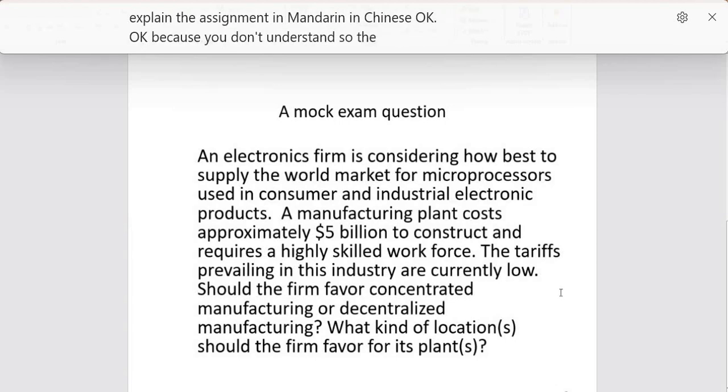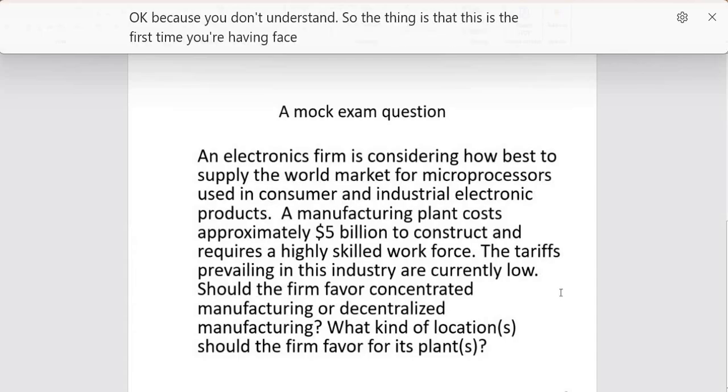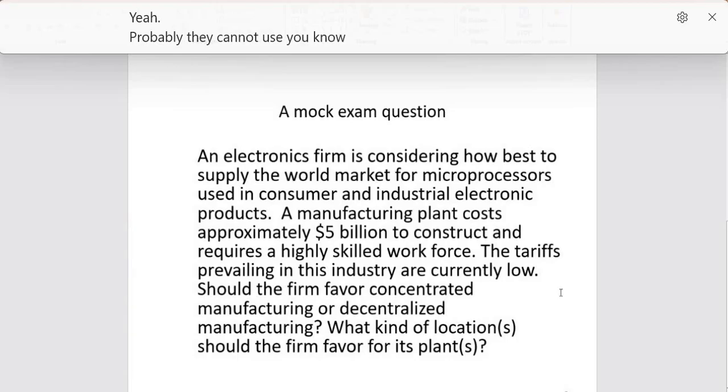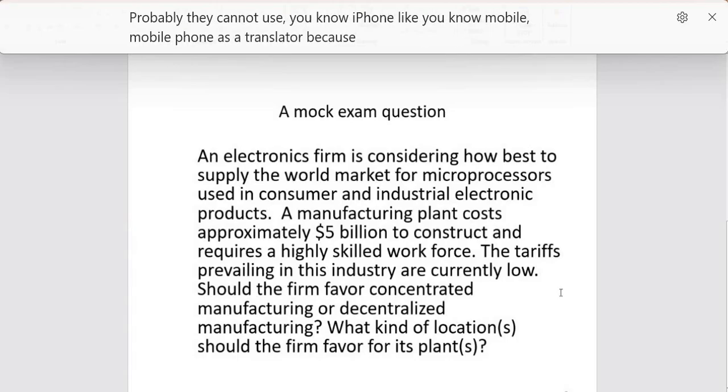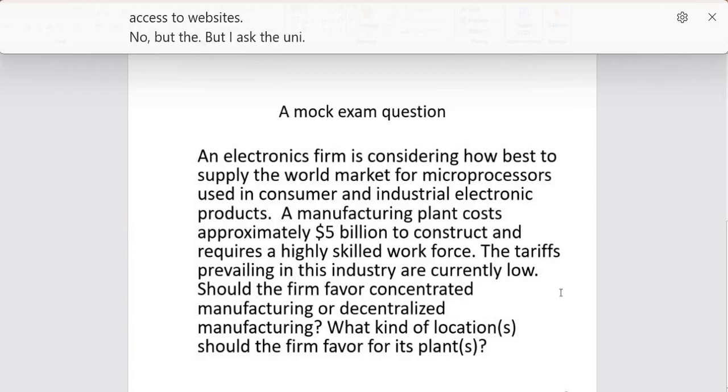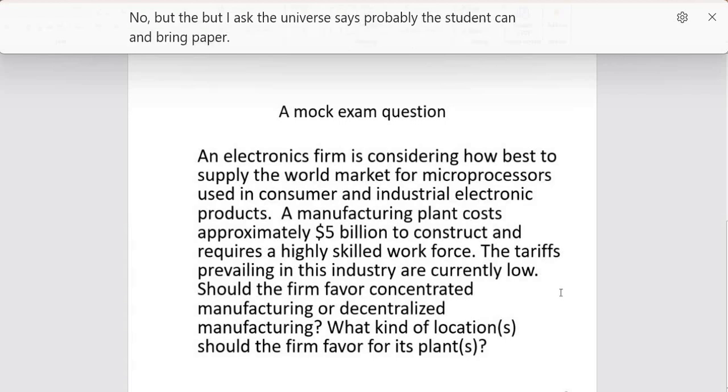Because they don't understand. So the thing is, this is the first time we're having face-to-face. If they cannot bring a translator, they may not understand what the question is asking. Probably they cannot use a mobile phone as a translator, because they can't have access to websites. But I asked the university, and the university said probably students can bring a paper dictionary.